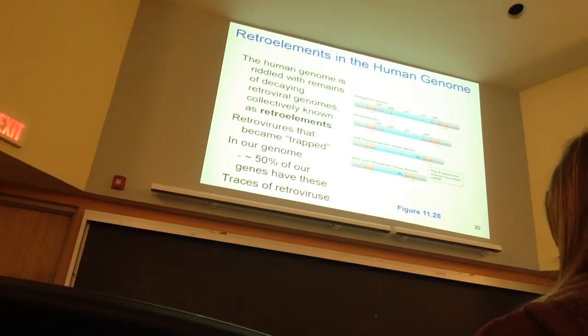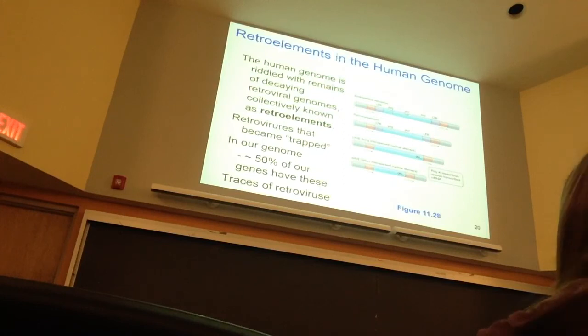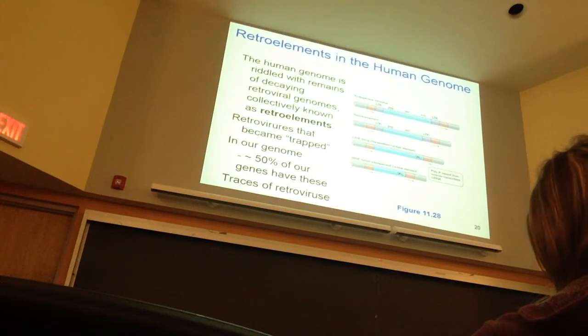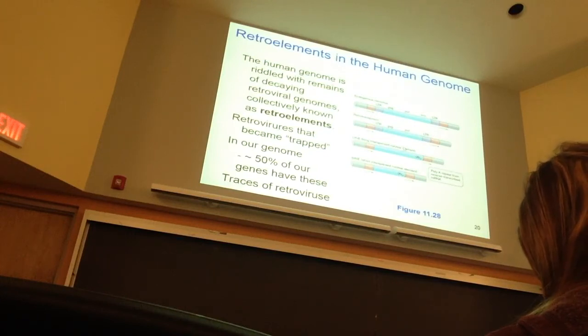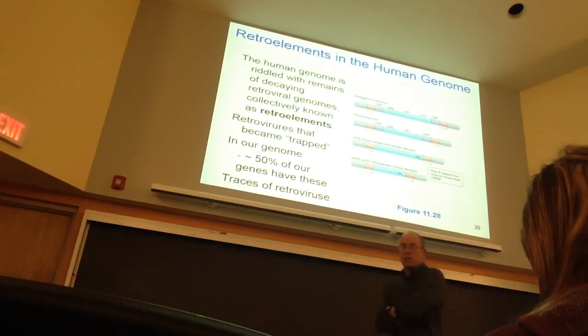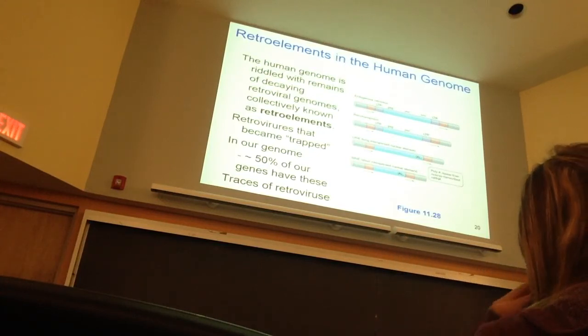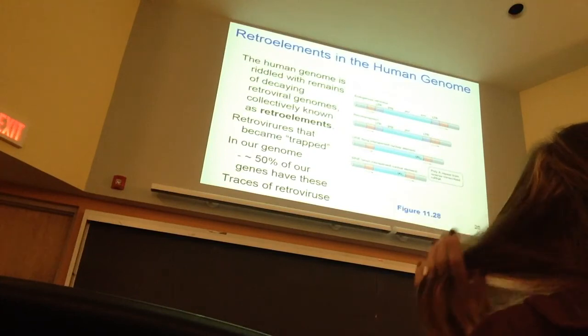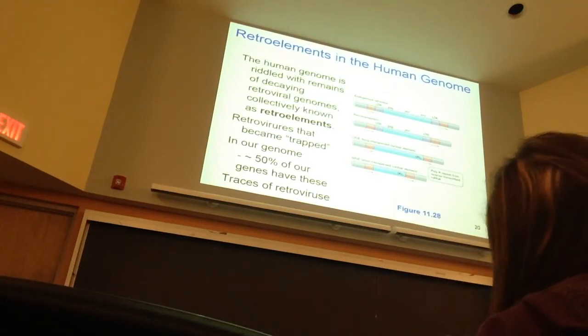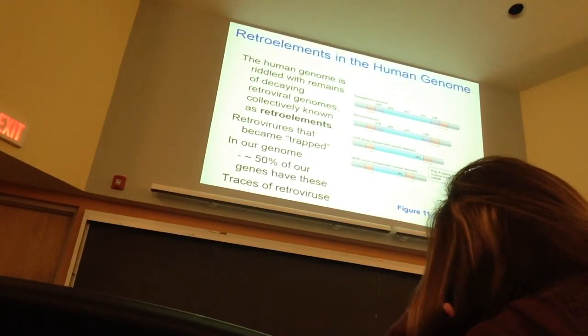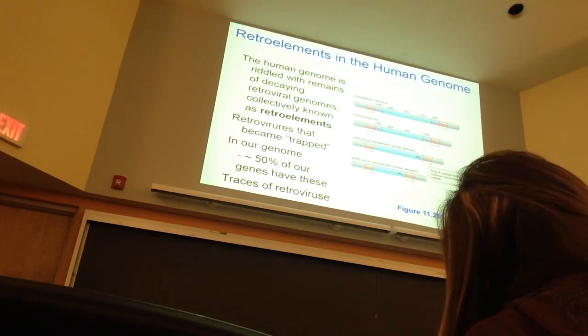And in some of the remnants, you can see these GAG genes, these polymerase genes, these viral envelope genes. It shows the different forms of what look like functional genes, because if they're coding for anything, they look like viral genes. So it's just an interesting feature of our chromosome, these retroviral segments.